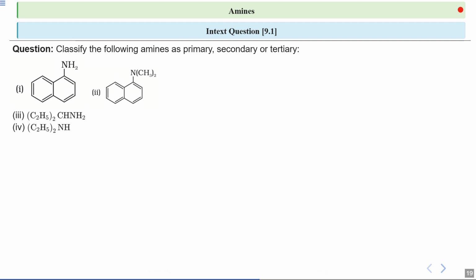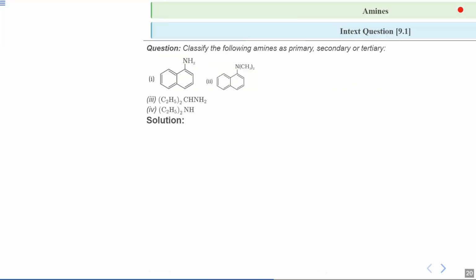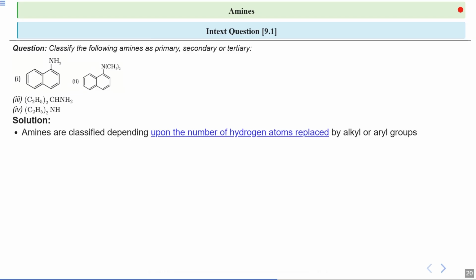Now let's see in-text question 9.1. You have to classify the following amines as primary, secondary or tertiary. First, let us recall how we classify, as we have just discussed. Amines are grouped based on the number of hydrogen atoms on the nitrogen that are replaced by alkyl or aryl groups.